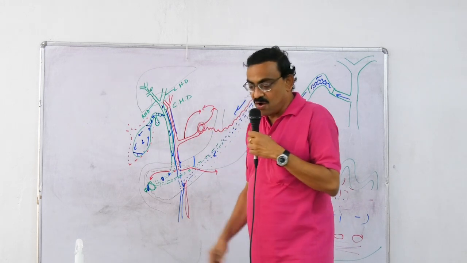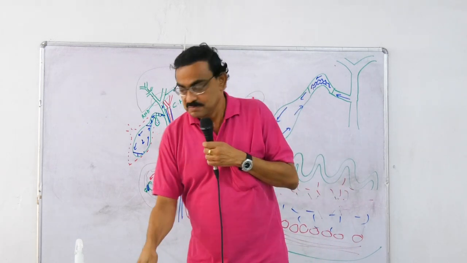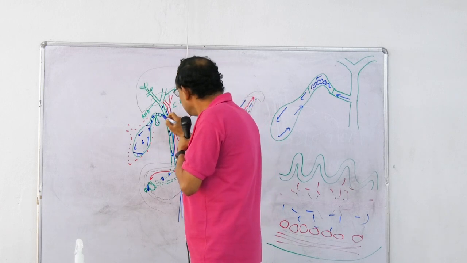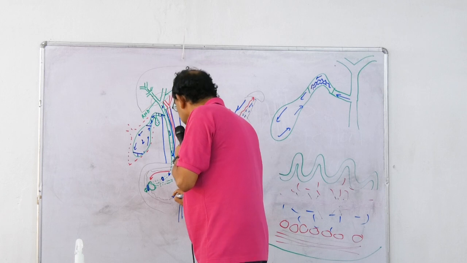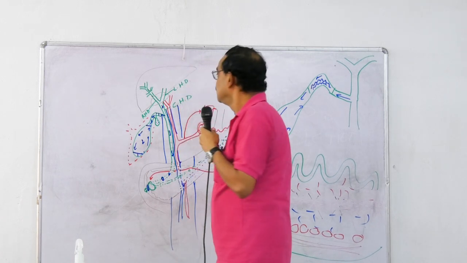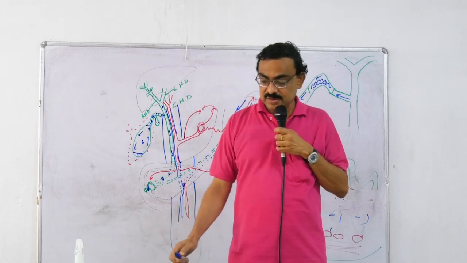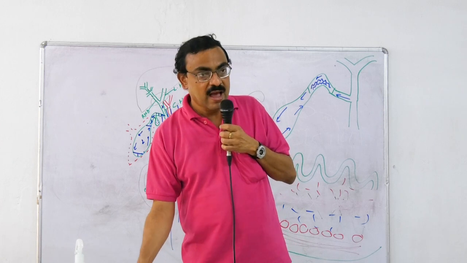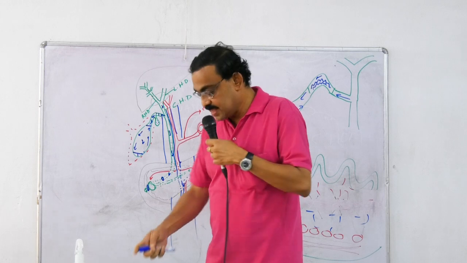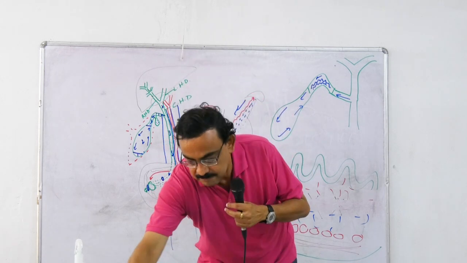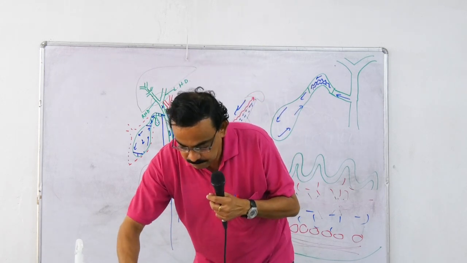And behind all, we will get what? An inferior vena cava. And we have already seen this area. Do you understand?